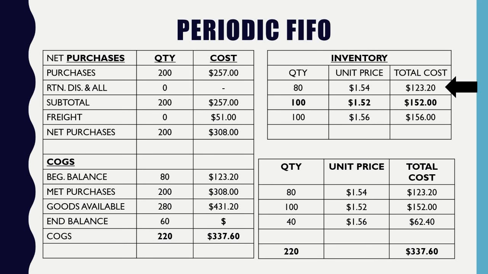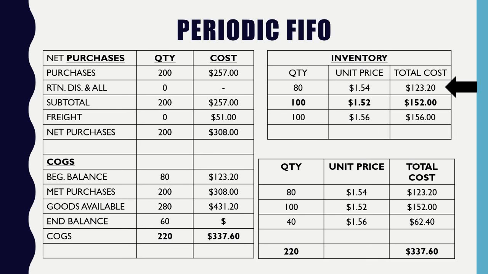All right. So then again, we knew that we had 60 units at the end on the 30th. So in order to get a cost of goods sold, it's going to be 280 minus 60 gives you 220. So we need to calculate 220 units to find out what the cost of that is going to be.